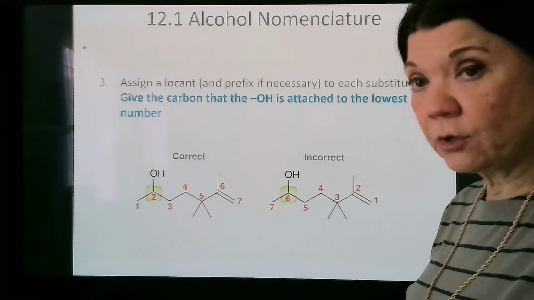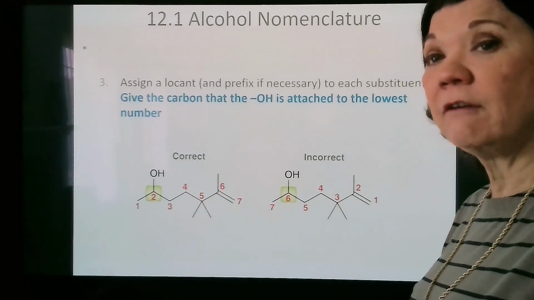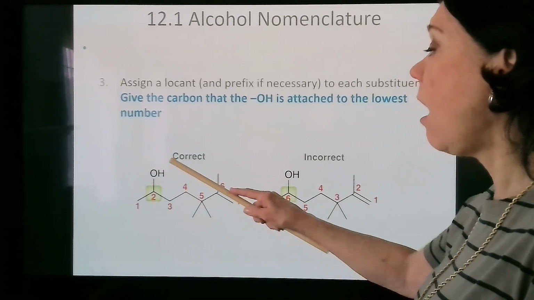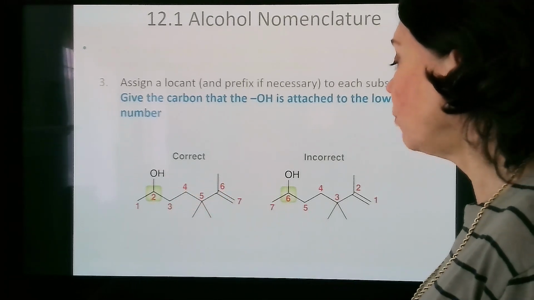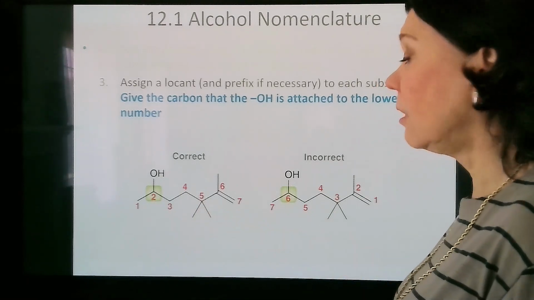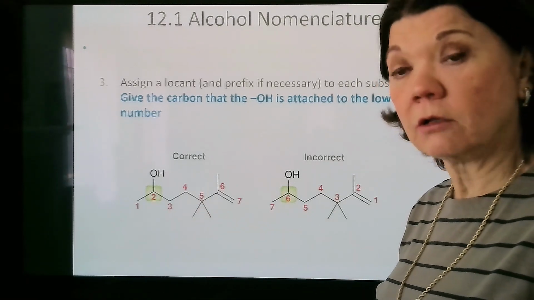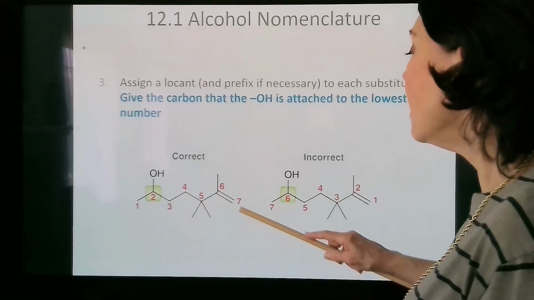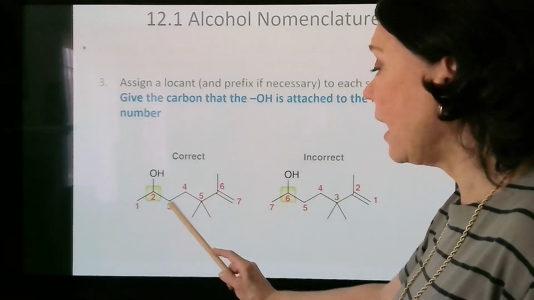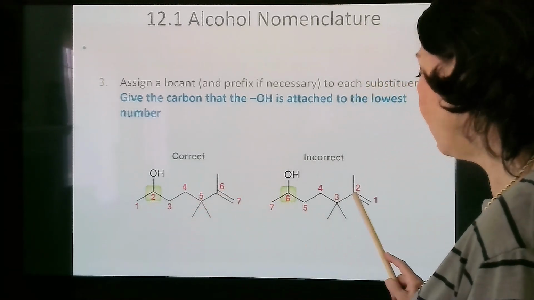Remember, the highest priority group goes at the end of the name, so heptenol. And furthermore, this is a trimethyl heptenol. And so this one is the correct numbering system, not the one on the right.